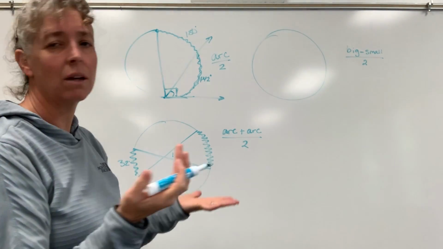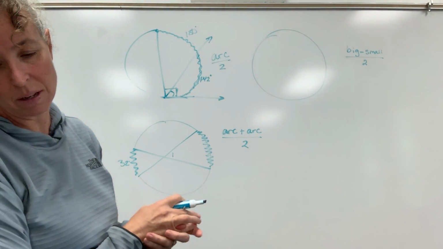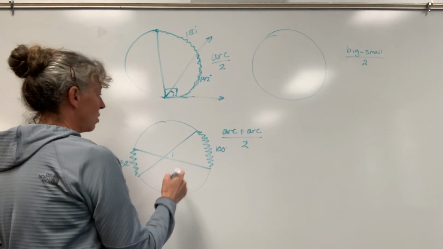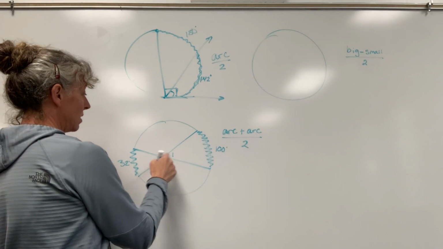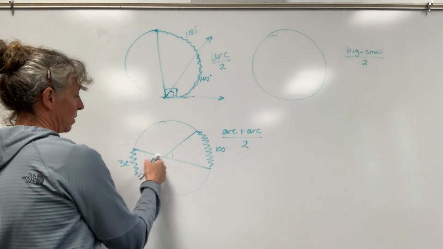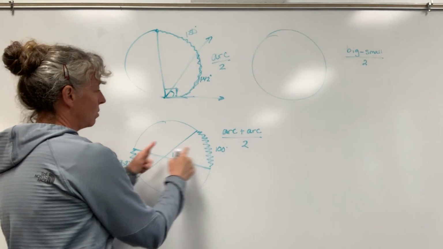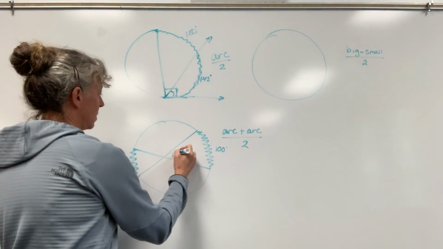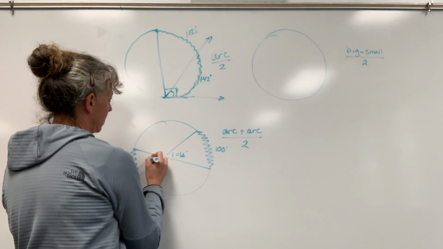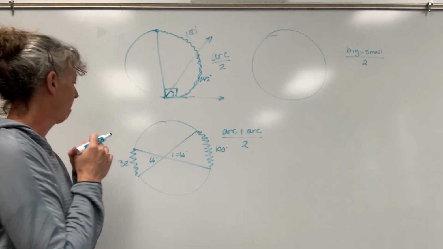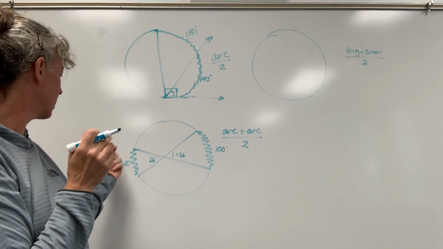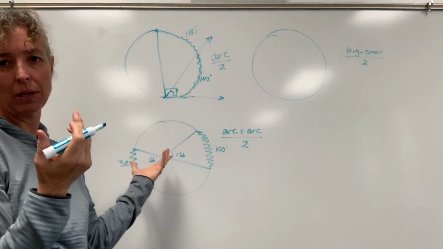To get this angle, remember these two angles are the same, so it doesn't matter which one you get. 32 plus 100 is 132, divided by 2 is 66. So this angle is 66, and so is this one. With two chords or two secants, you just add the arcs and divide by 2.